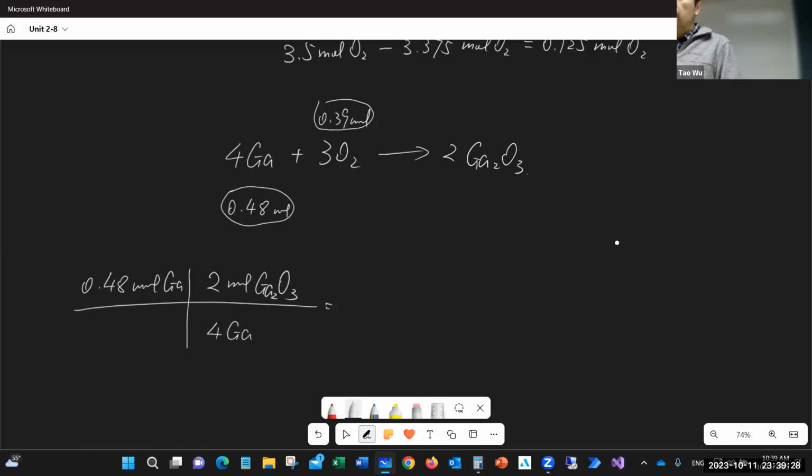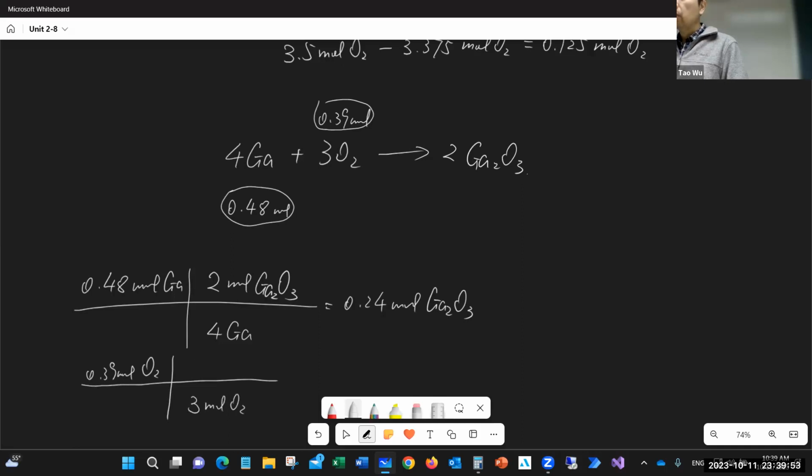And then you will see this is 0.24 moles of the gallium oxide. And then if we use up all the oxygen, which is 0.39 moles, how many moles of the gallium oxide can be produced? 3 moles of the oxygen will produce 2 moles of the gallium oxide.